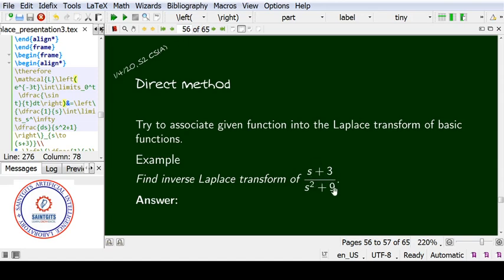We can apply term by term division: s by s square plus 9 plus 3 by s square plus 9. We are familiar with s by s square plus 9, the transform of a familiar trigonometric function. Then 3 divided by s square plus 3 square is also the transform of a familiar function. We make use of these concepts to find the inverse Laplace transform of this expression.